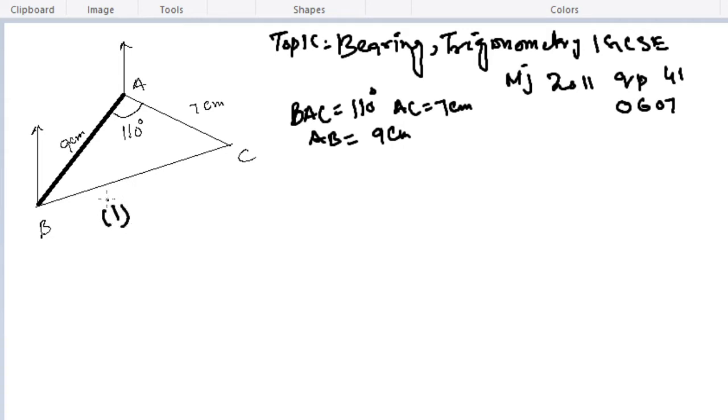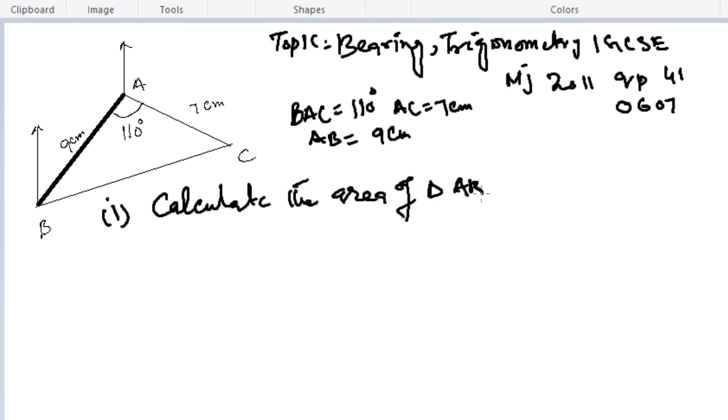If the triangle is not a right angle triangle, then we know how to find the area. Part 1: calculate the area of triangle ABC. In this case, the area will be 1/2 ab sine theta.